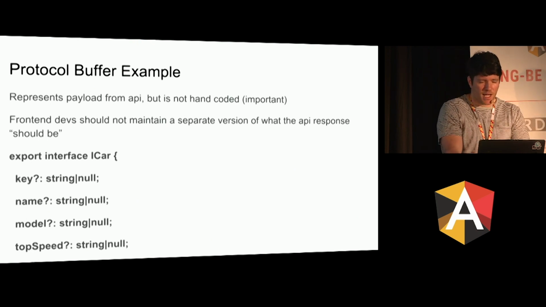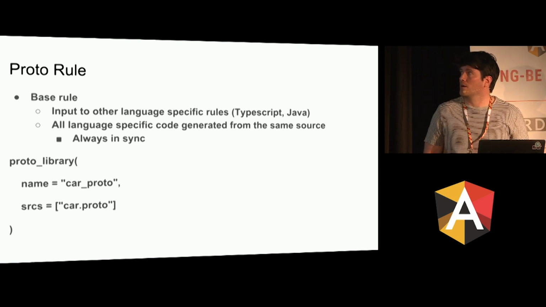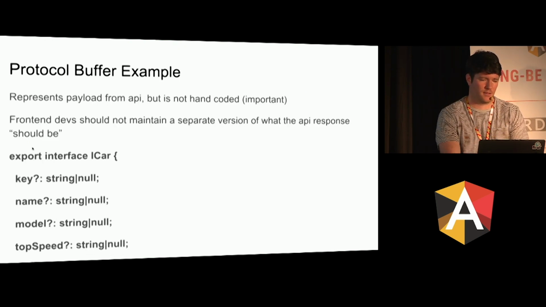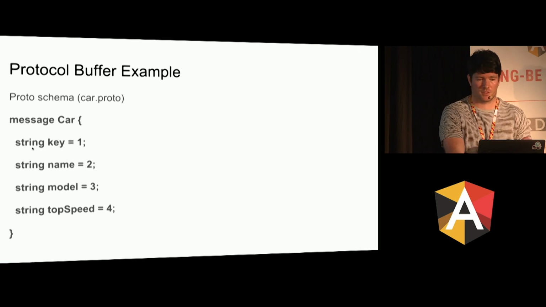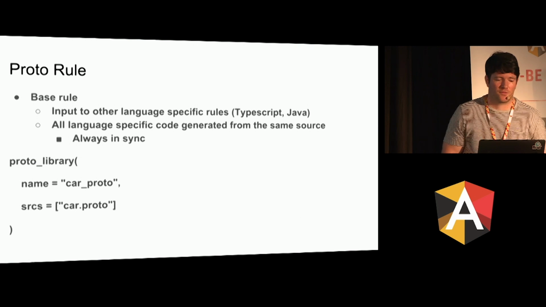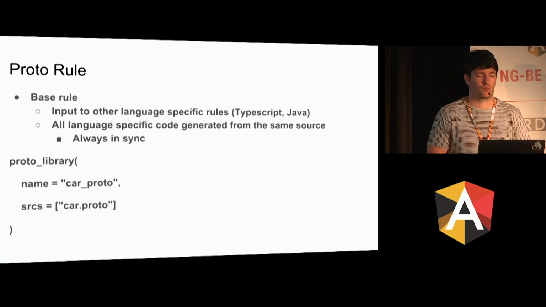So how do we generate these? We basically just use another Bazel rule called proto library, and it just takes the proto file, like this file here, the car.proto file, which is where the car message is defined. And then you feed it into the proto library, and this basically becomes a base rule that you can feed into other language-specific rules.